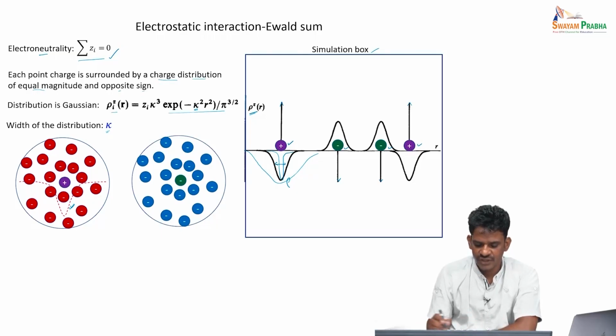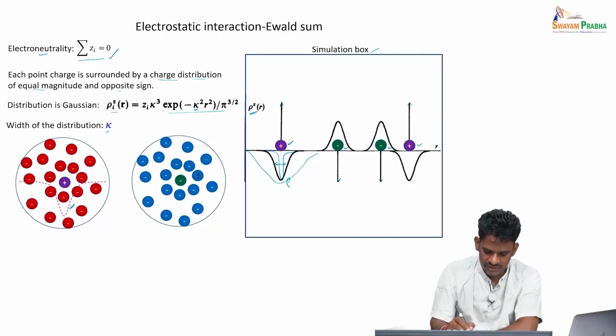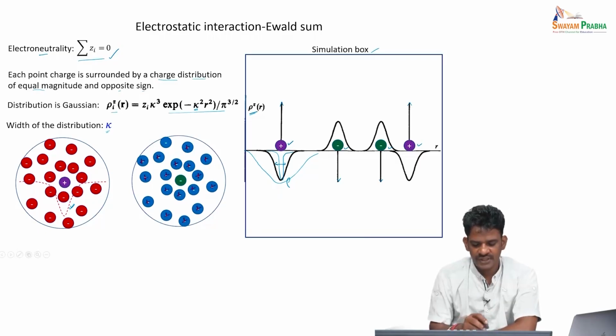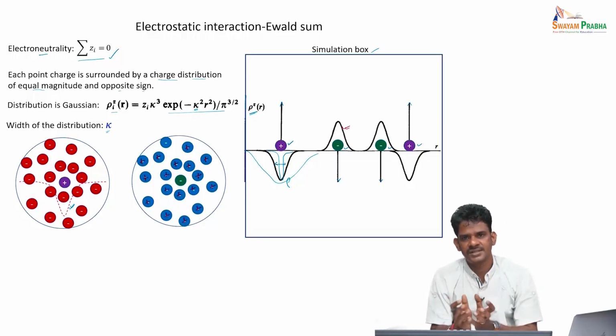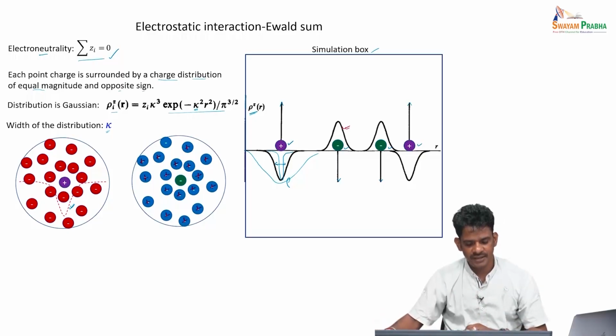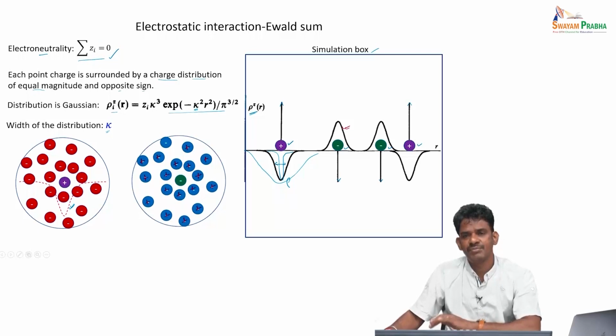Similarly, if you take a negative charge, we are going to put some positive charges above the central negative charge. So these are all positive charges. So we're basically putting a sea of positive charges around the central negative charge, and the distribution of this charge is given by this Gaussian. So you can see that each of these ions is basically surrounded by a sea of counter ions by an imposed charge distribution. That is the meaning of this particular method.